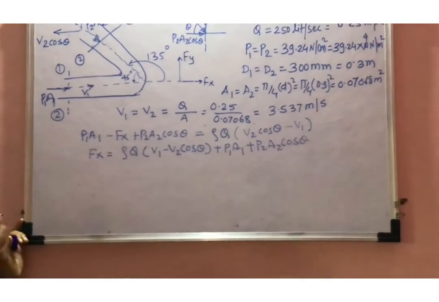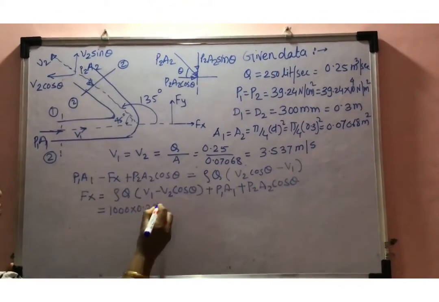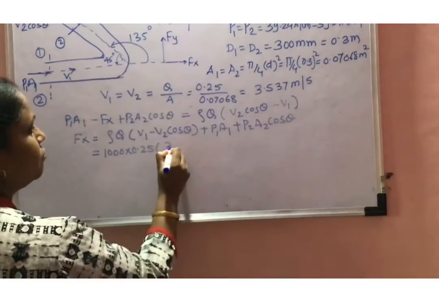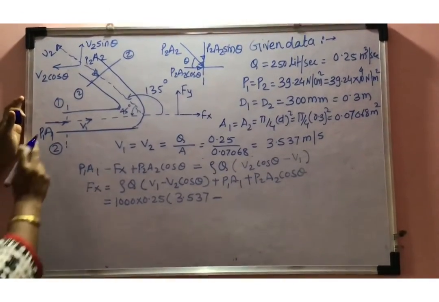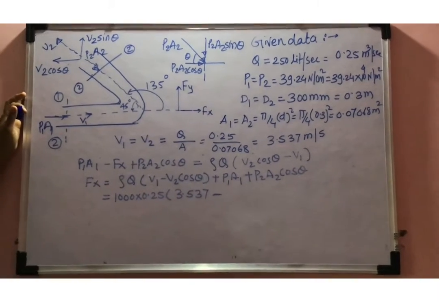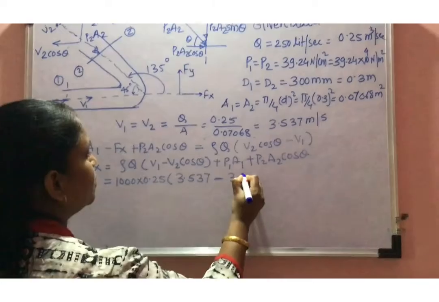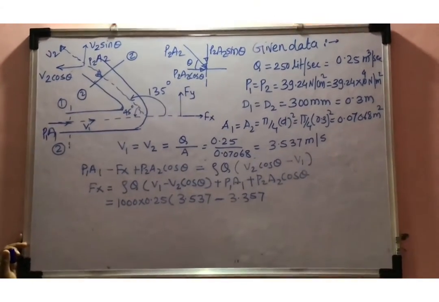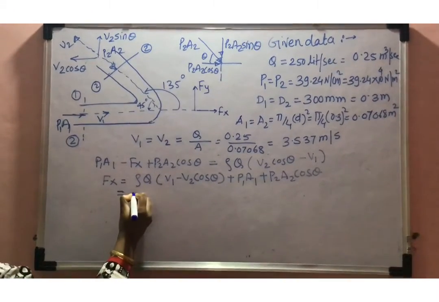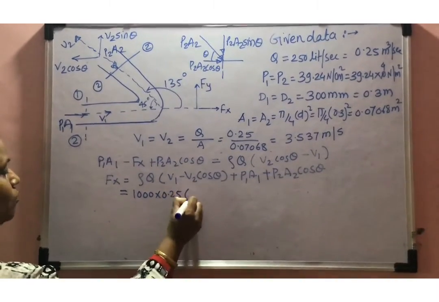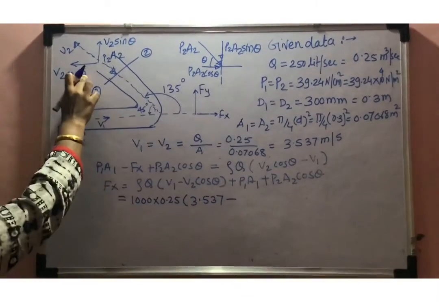Now I am going to put the values. Density is 1000, Q is 0.25, velocity V1 is 3.537, minus V2 cos theta.